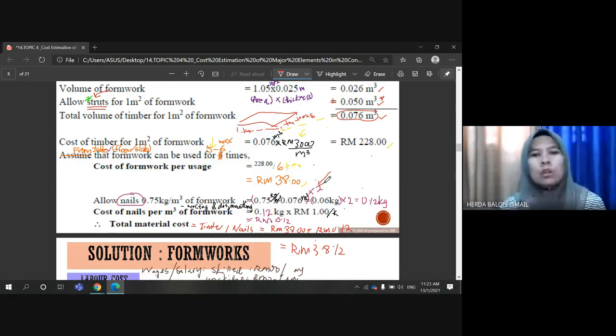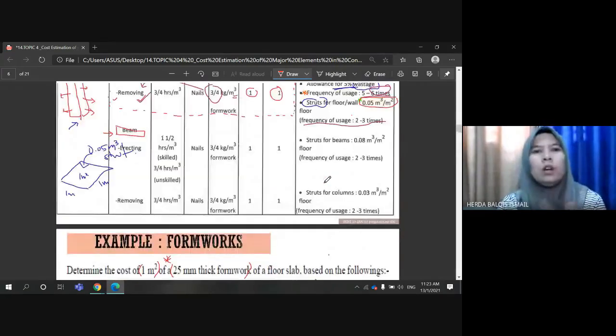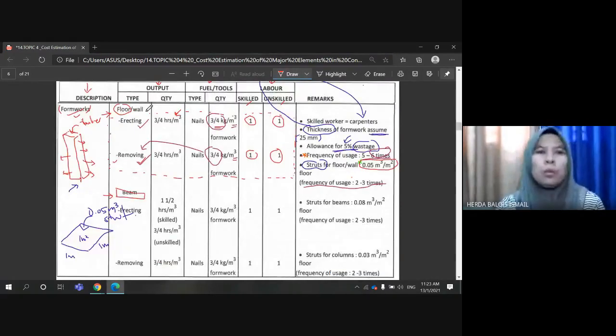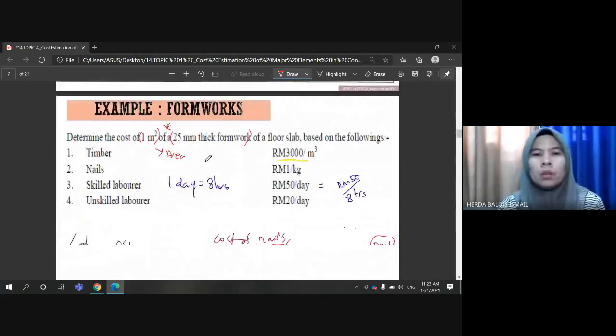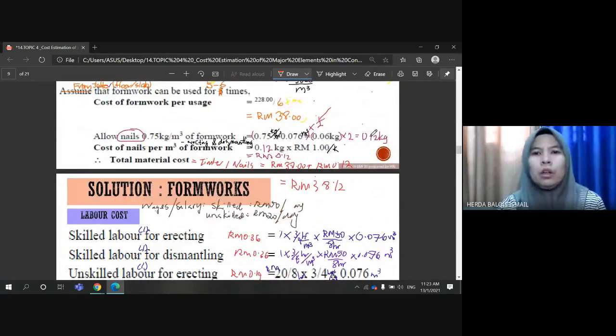By referring to the table of constants, it gives the tools required during both sessions, erecting and also removing. Therefore the cost of nail per cubic meter is 12 cents.